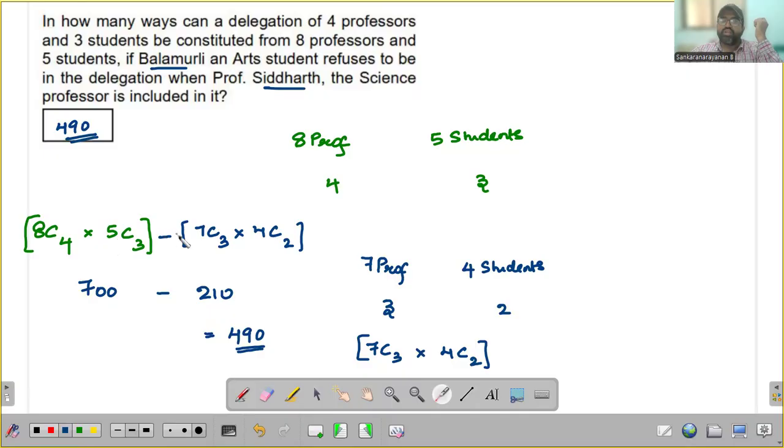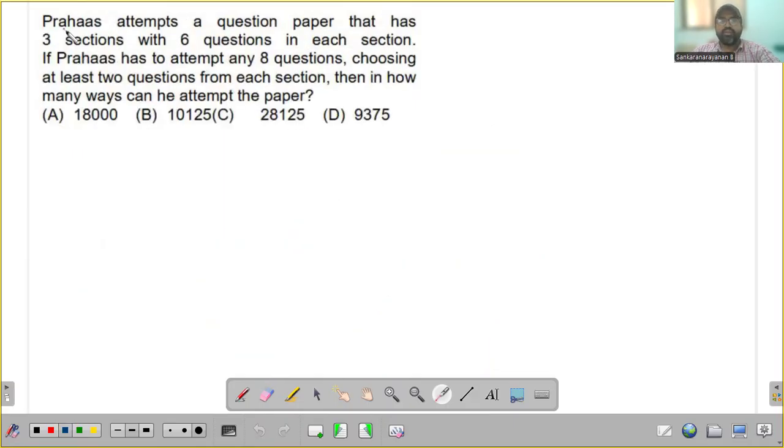So from this total, if you exclude the possibility where these 2 people are together in the delegation, you will get what is asked. 700 minus 210, the result will come here as 490. So for this question, the answer is 490. Okay. Let's go ahead with the next question.